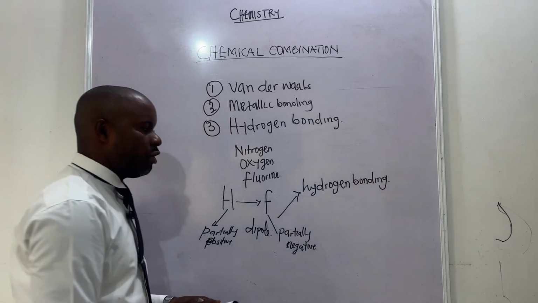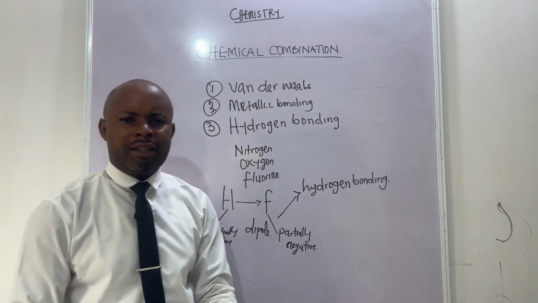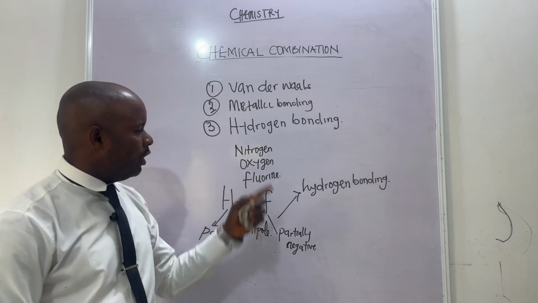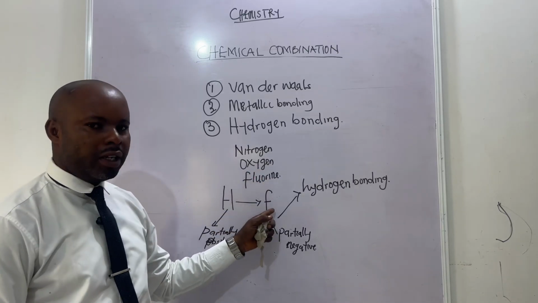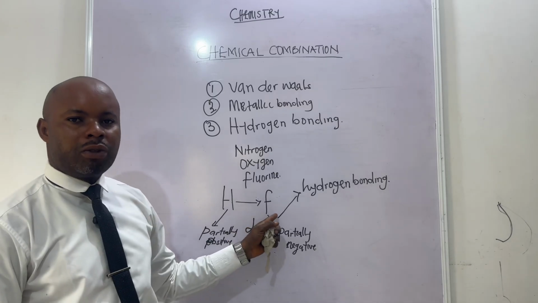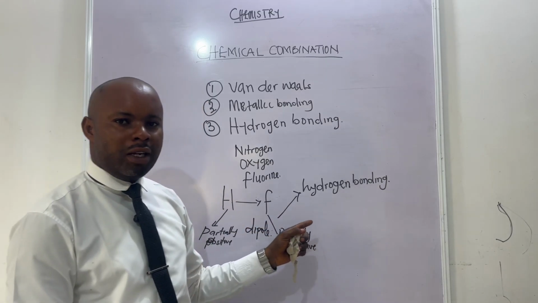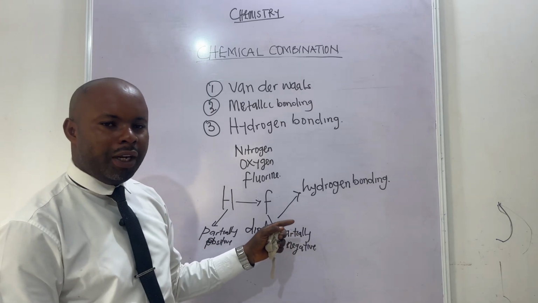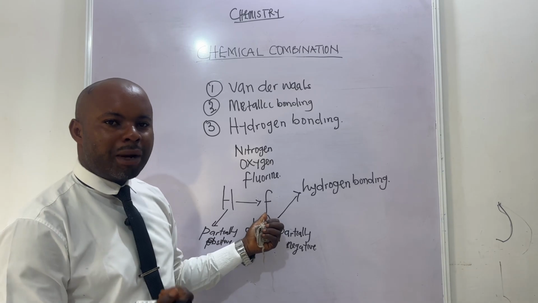That is to say, hydrogen bonding will exist when hydrogen is attached to a more electronegative element like nitrogen, oxygen, and fluorine. The shared electron is pulled more by the more electronegative atom, making the hydrogen atom partially positive.